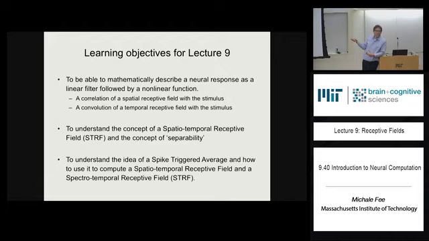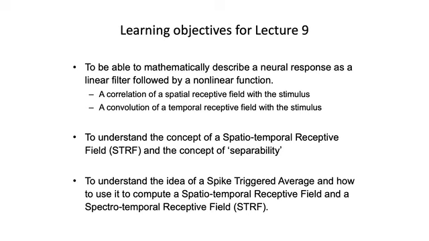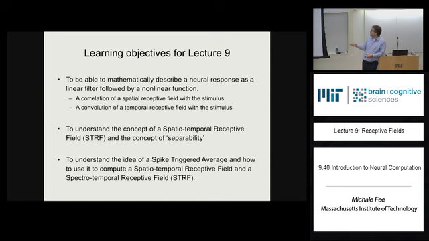Temporal receptive fields, where we've used convolution to predict the response of a neuron to a stimulus. We've talked about the idea of a spatial or spectro-temporal receptive field, and we've talked about how to use a spike-triggered average to extract the spectro-temporal or spatio-temporal receptive field of a neuron using white noise or random stimuli. Okay?